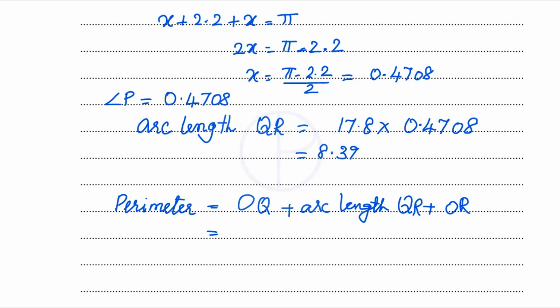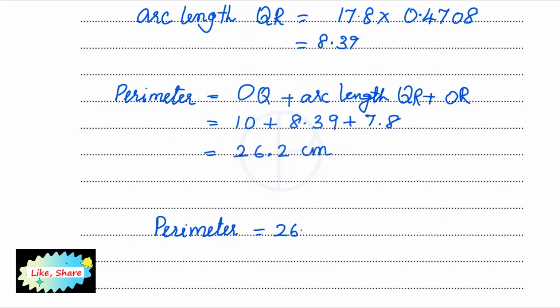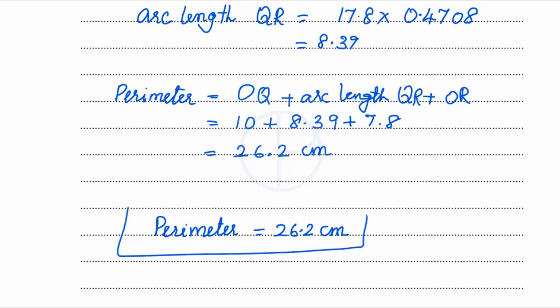OQ is 10, the arc length is 8.39, and OR is 7.8. Adding these three values gives 26.2. So the perimeter is 26.2 centimeters, corrected to 3SF.